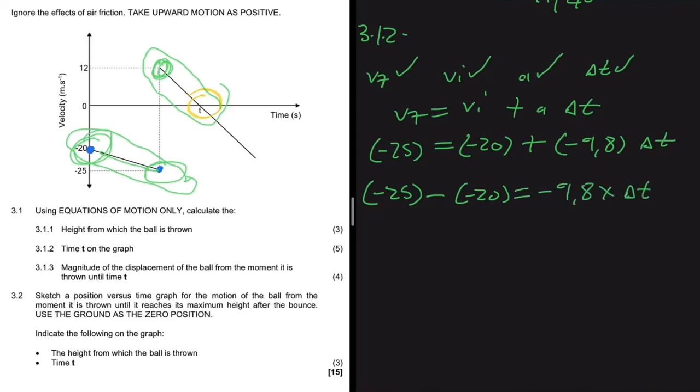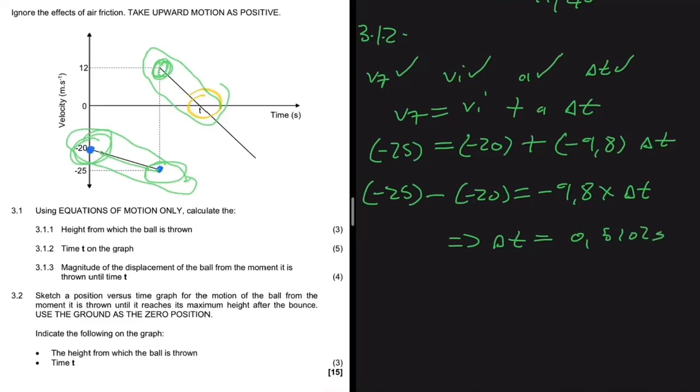So we have minus 25 minus 20 equals minus 9.8 multiplied by delta t. We divide both sides by minus 9.8, and we get delta t equals 0.5102 seconds. And then we are done with that part of the motion.